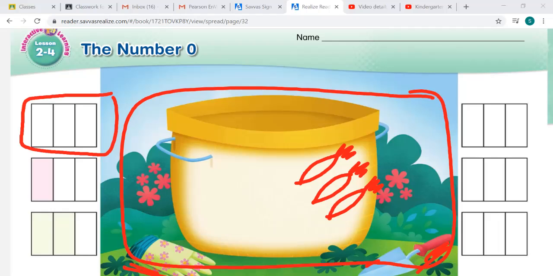How many boxes are shaded in? There's none. That means 0. Should we color in any boxes for the number 0? No. Why shouldn't we? Because Maria did not see any potatoes in the basket, right?